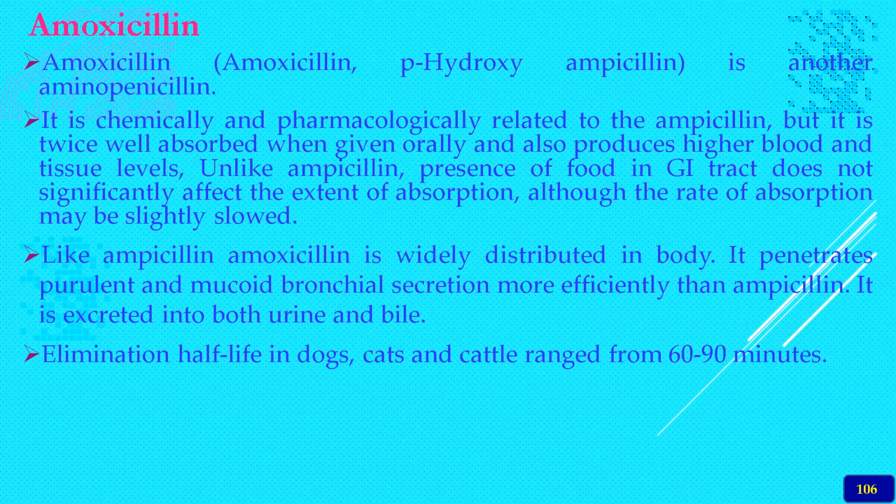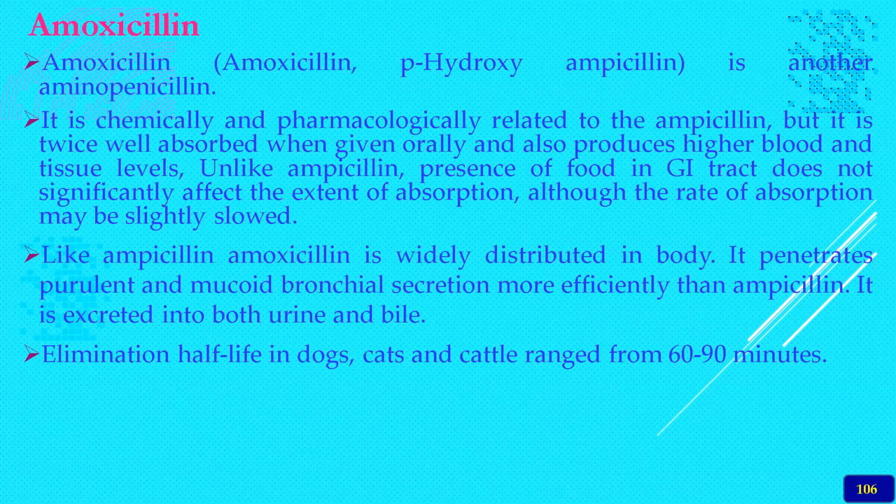So in the presence of food also it can be given, after lunch or dinner for human beings; after food it can be administered. So like ampicillin, amoxicillin is widely distributed in the body, and it is the drug of choice especially in case of joint infections.